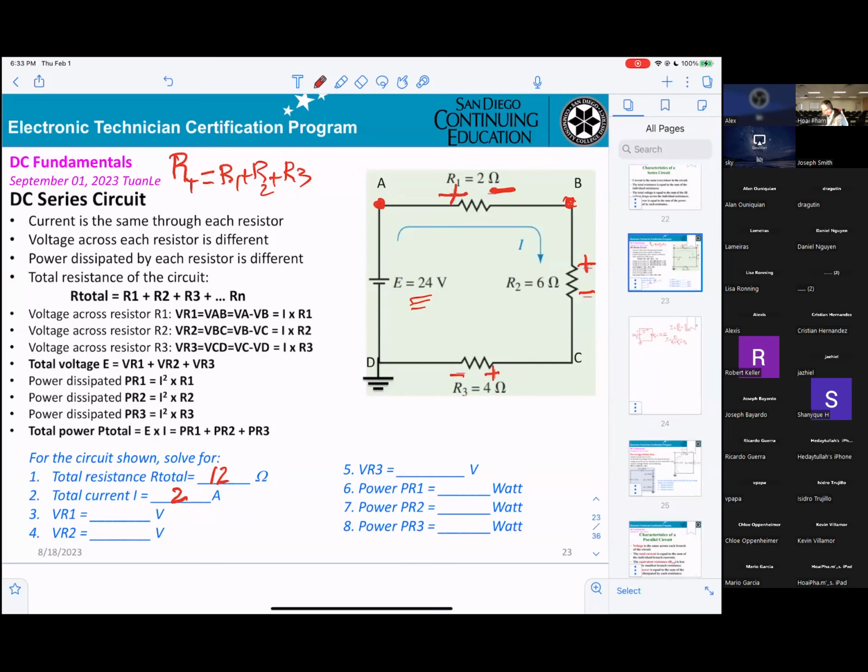So the voltage on this side will be less than 24. If you want the voltage at R1, how do we calculate VR1?